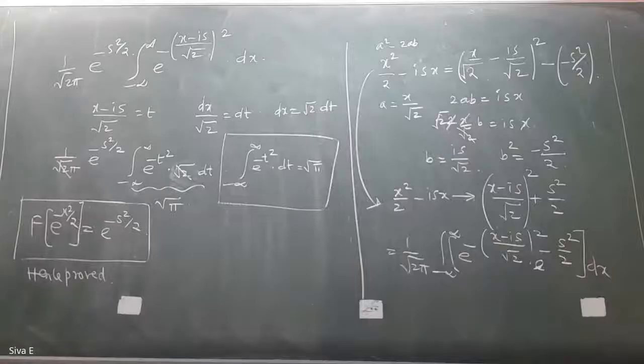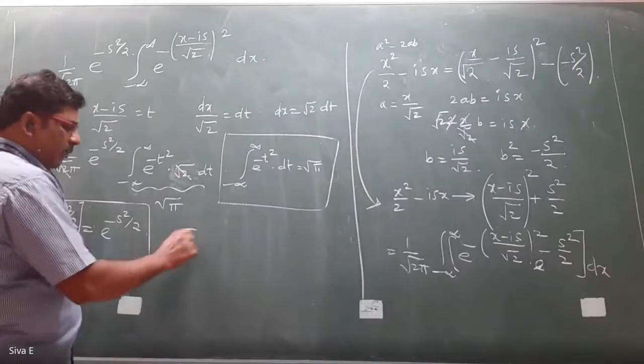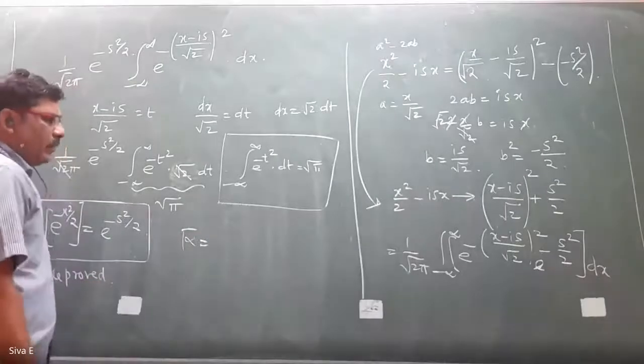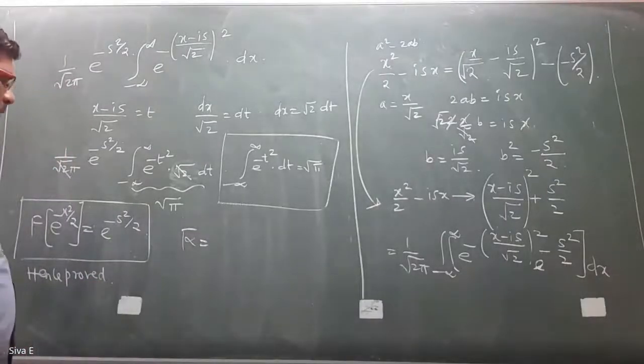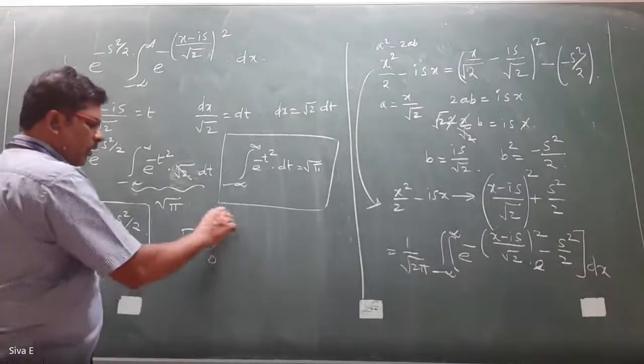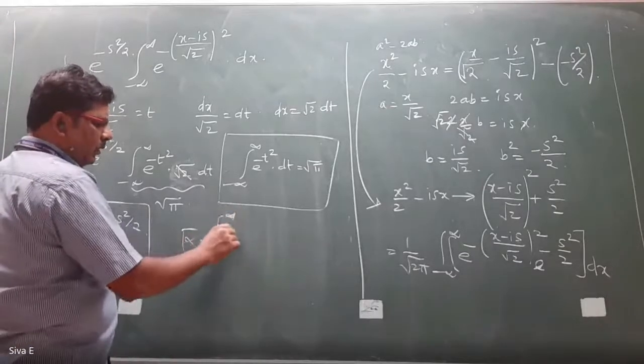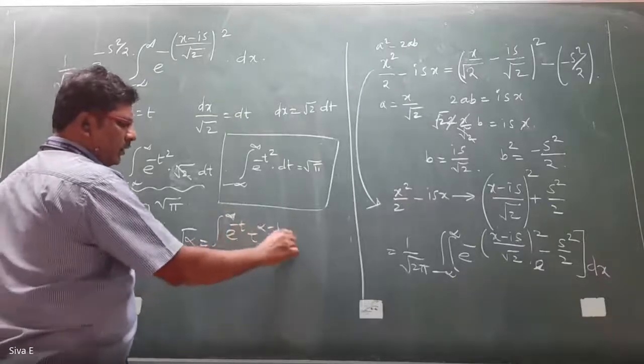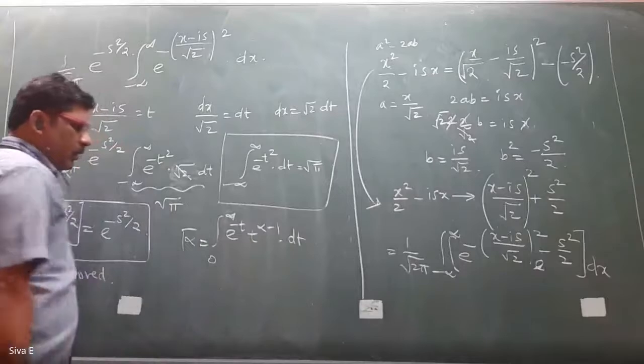You know the formula for gamma of alpha or gamma of n: integral over 0 to infinity of e power minus t, t power alpha minus 1 dt is gamma of alpha.